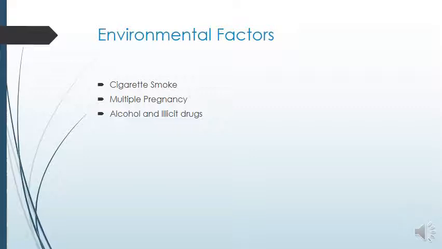Looking at alcohol and illicit drugs, infants born to mothers who drink alcohol often exhibit IUGR as part of fetal alcohol syndrome. Similarly, the use of marijuana and other illicit drugs such as cocaine and heroin can cause IUGR and other obstetric complications.